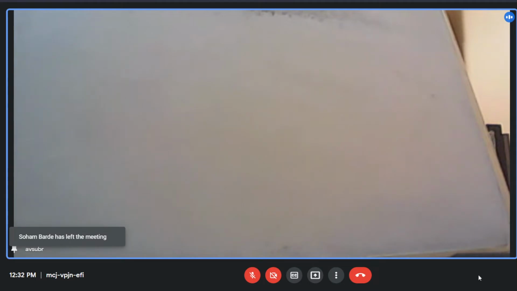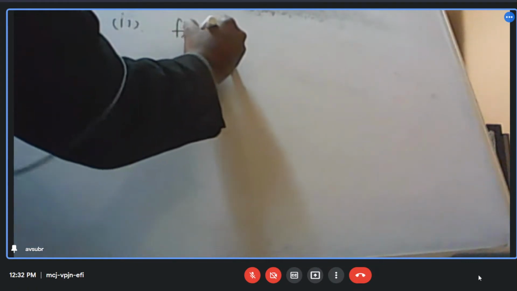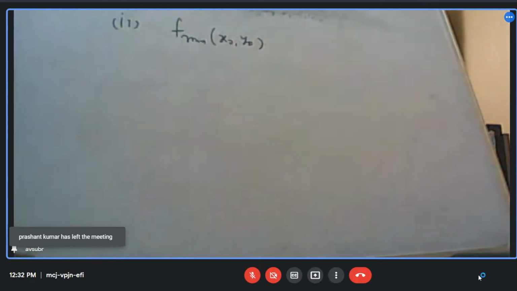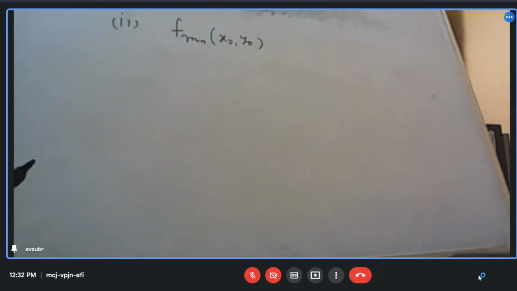So we had seen what are the conditions for the maximum to occur. Now next we shall be talking about the condition when at a given point x naught y naught this function is minimum.